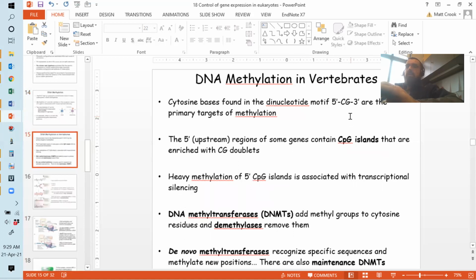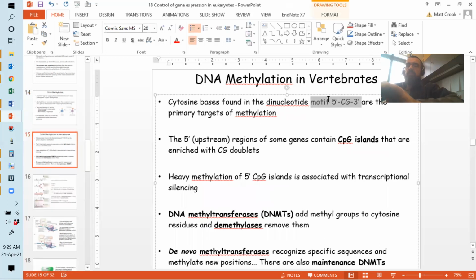And this always happens, or can happen rather, at this motif, right? So basically it's CG, a dinucleotide motif. So you can imagine it's just two bases. There's going to be plenty of these around in the genome. And quite often you have clusters of these CGs, which are called CpG islands.